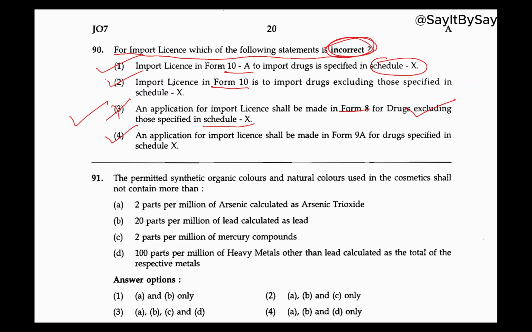Question number 91. The permitted synthetic organic colors and natural colors used in a cosmetic shall not contain more than 2 parts per million of arsenic calculated as arsenic trioxide, correct. 20 parts per million of lead calculated as lead, correct. 2 parts per million of mercury compounds, no. And 100 parts per million of heavy metals other than lead calculated as total of the respective metals.